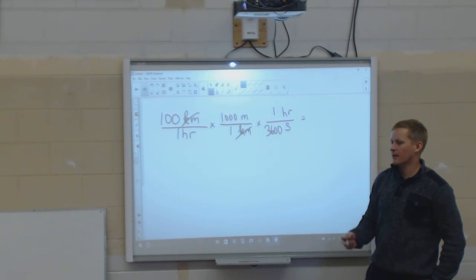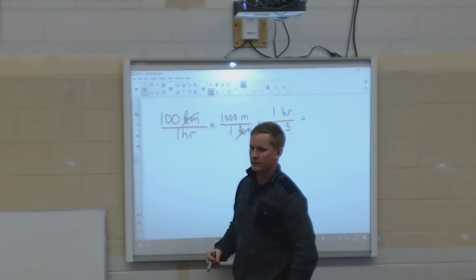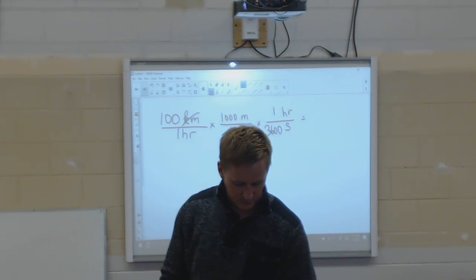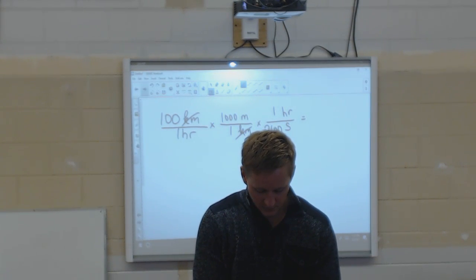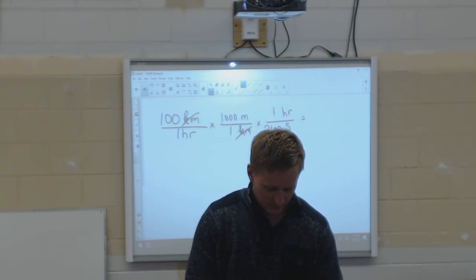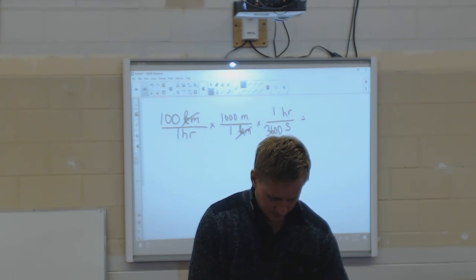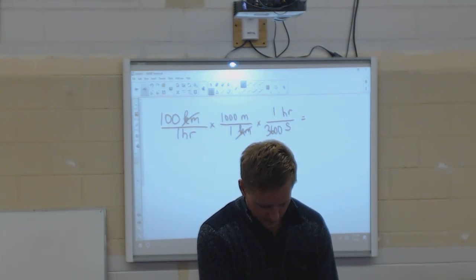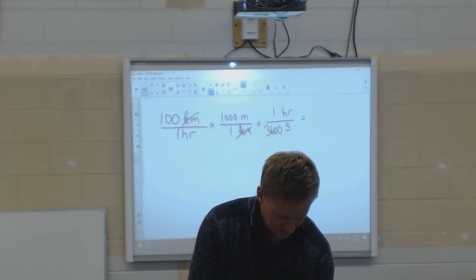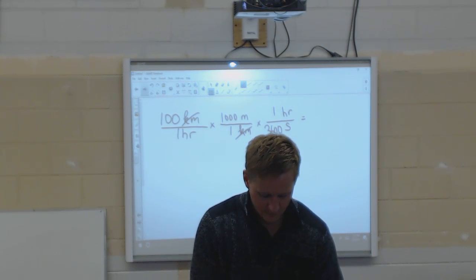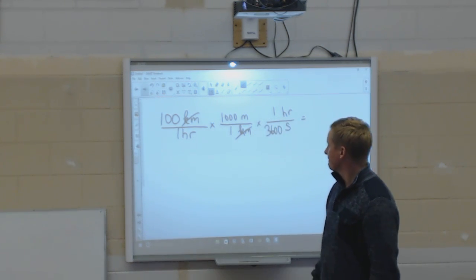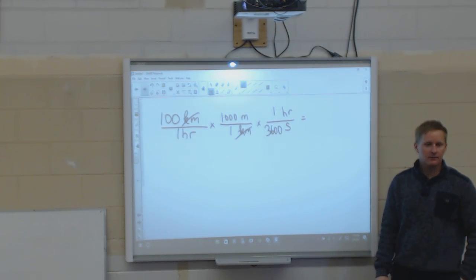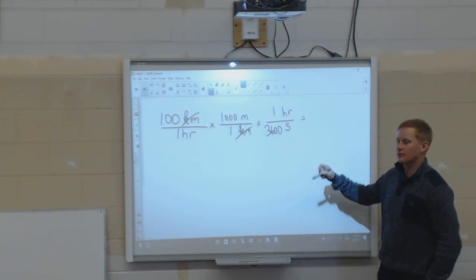Calculators out. If you have one, take it out right now. What do we get? 100 times 1,000 divided by 3,600. 27.78.